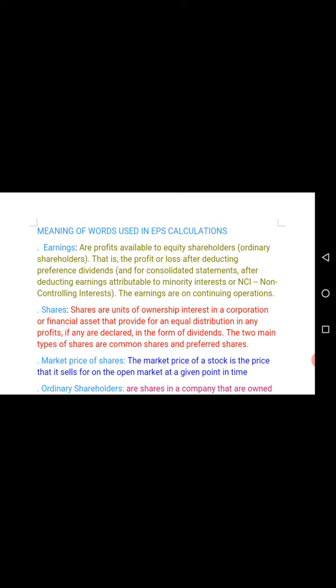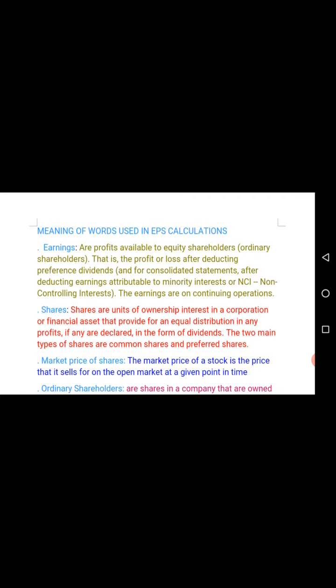Obviously, before this profit or loss, you would have deducted your tax figure from it. It is the profit or loss after deducting your tax and your preference dividends.